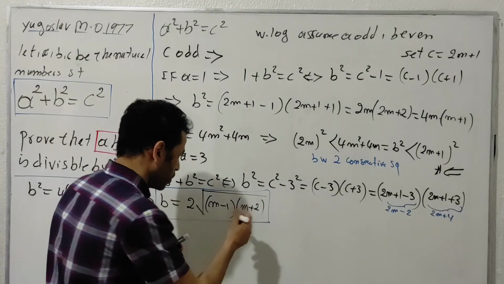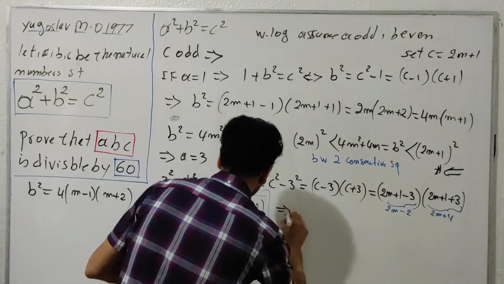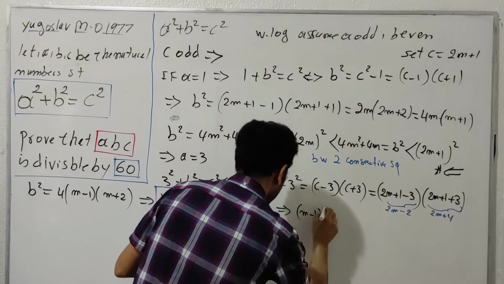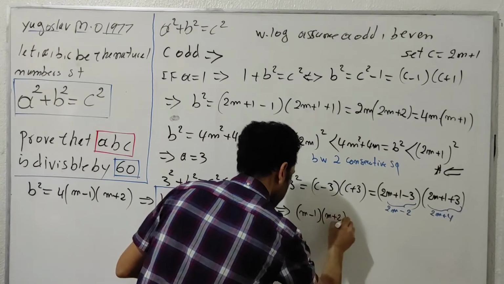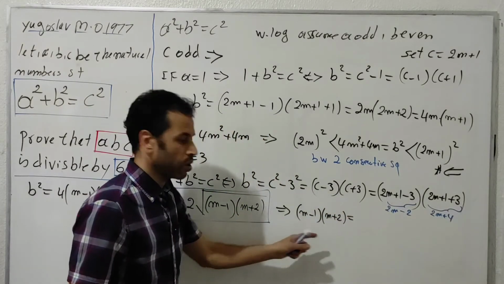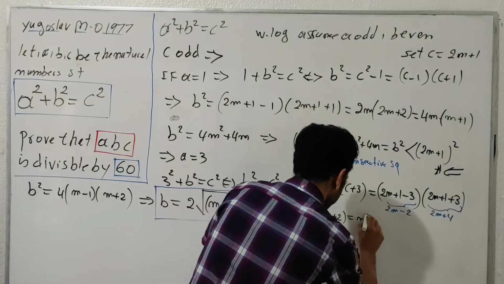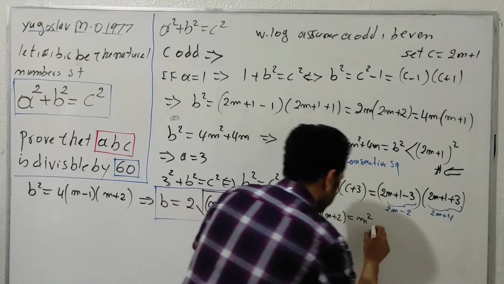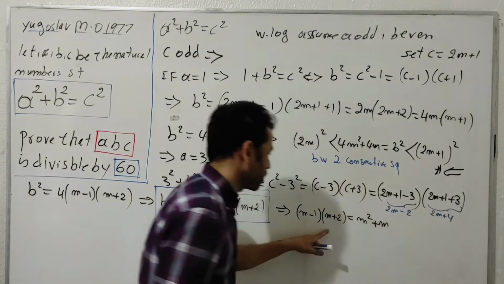I'm going to distribute this one. So this term, (m minus 1)(m plus 2). By distributing this out, I will get m squared, plus 2m minus m, which is plus m, minus 2, the last term.